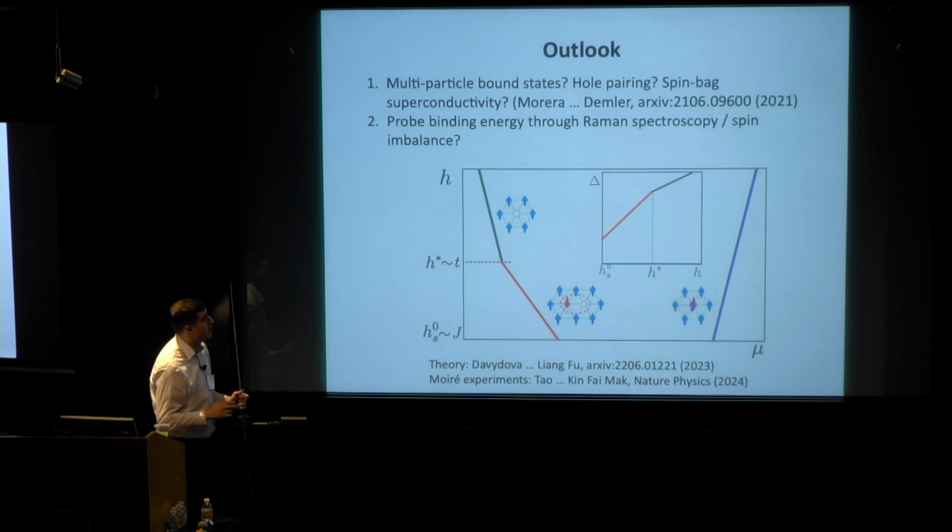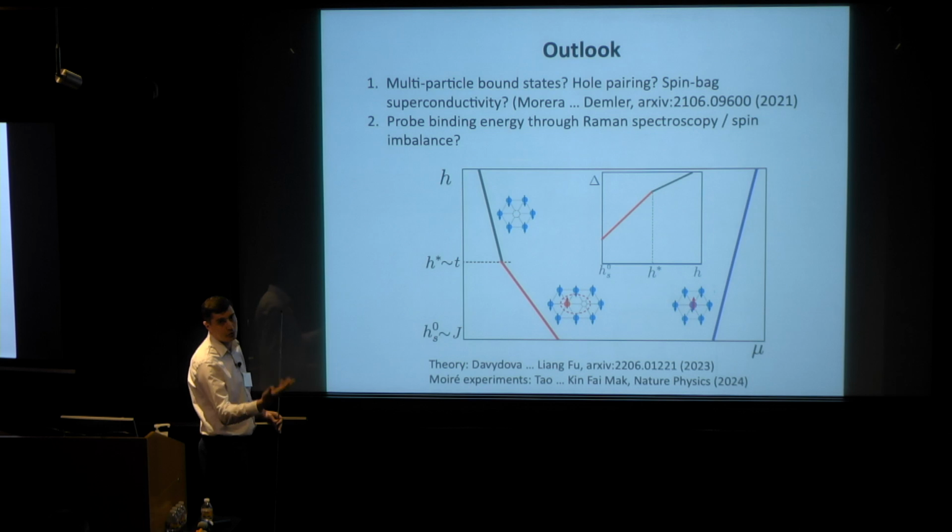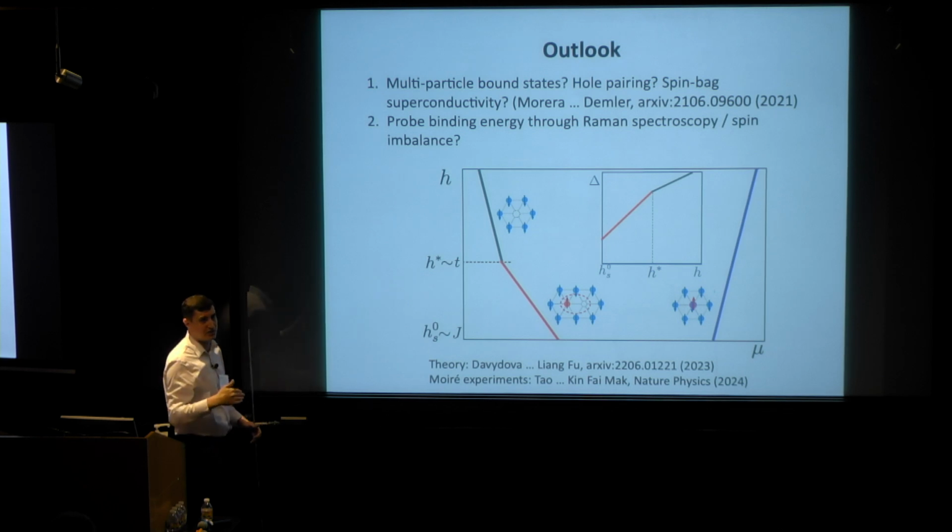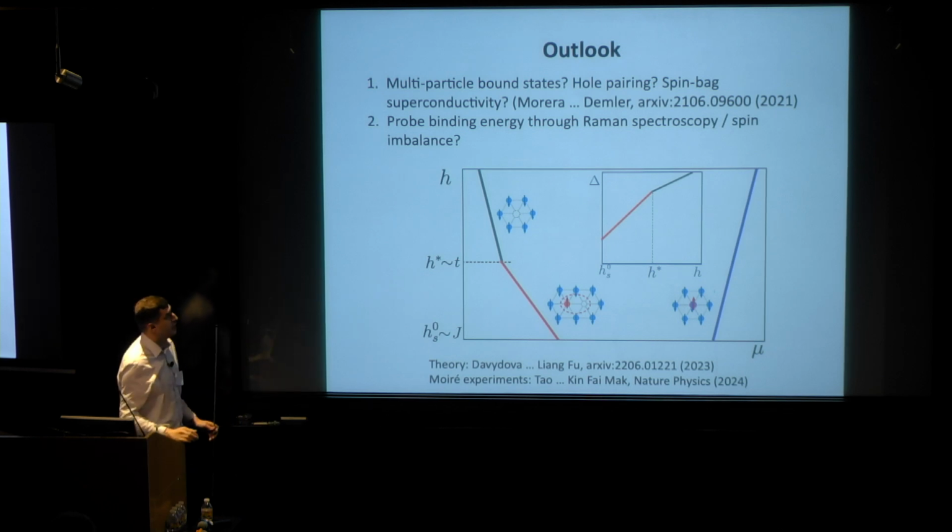That opens up the possibility of hole pairing in these more complex polarons, and once you have hole pairing, these holes can condense and lead to superconductivity. The wonderful thing shown by Eugene was that all this is on the scale of T. Of course, the prefactor is smaller than for the simplest polaron, but it's all T-scale physics rather than J-scale physics.